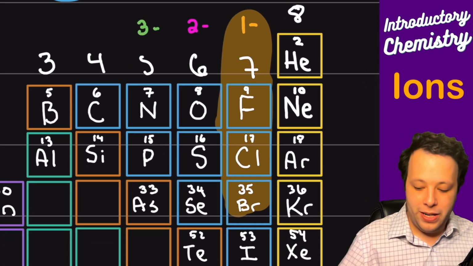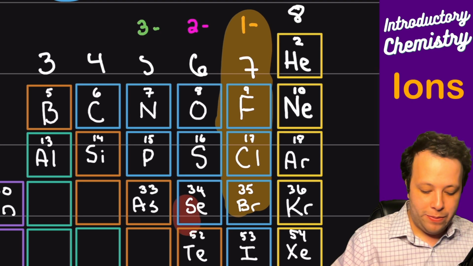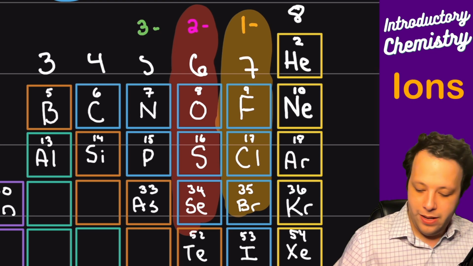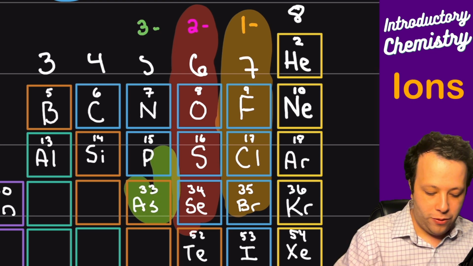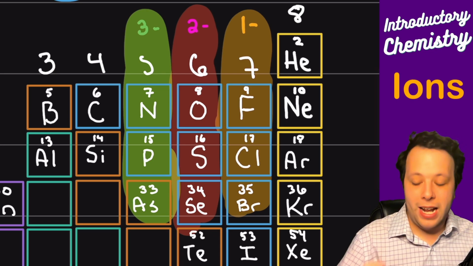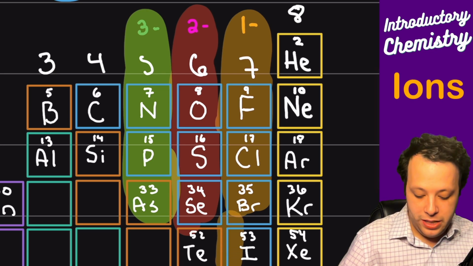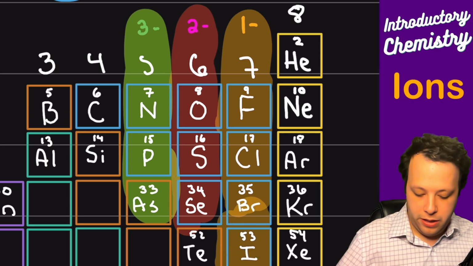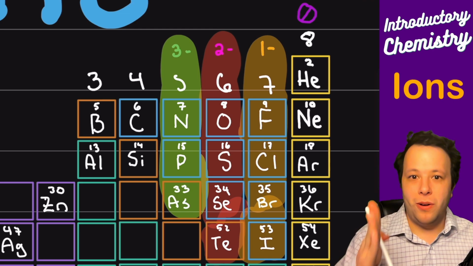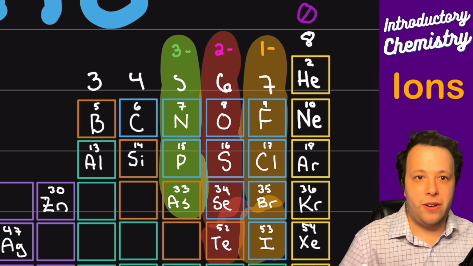So we have 2-, and we have 3-. Okay, now we'll highlight this column in red and the next column in green. And the elements that I have written down are the ones that have the tendency to do these charges. Everything below it doesn't really have that charge tendency. It ends at a specific point. So all these columns have this charge.